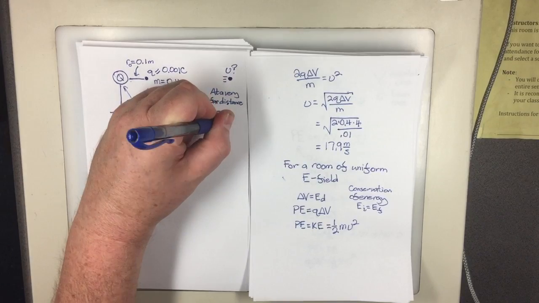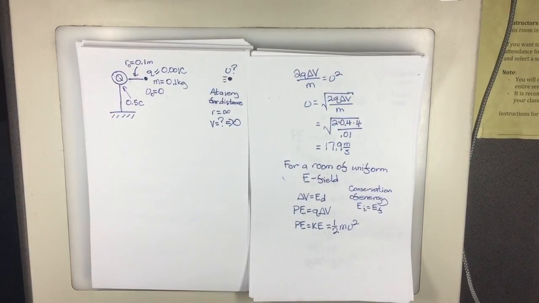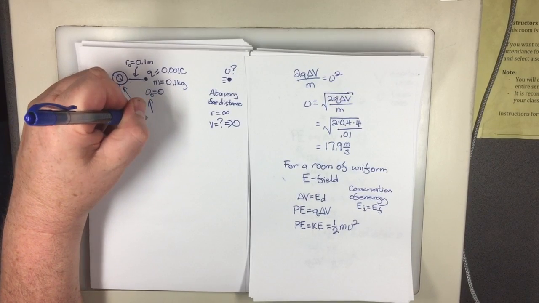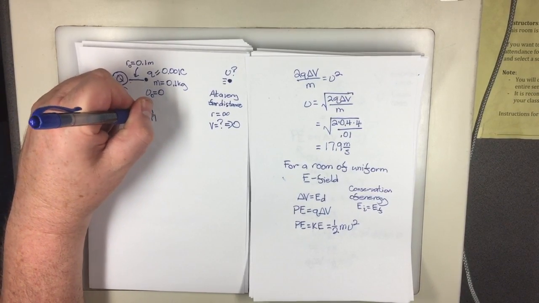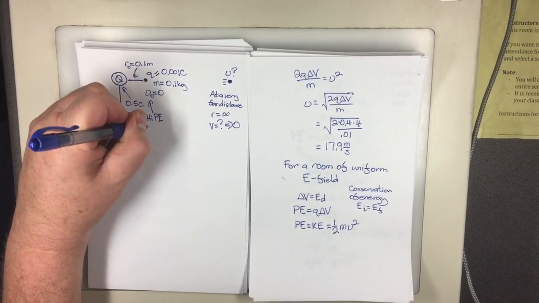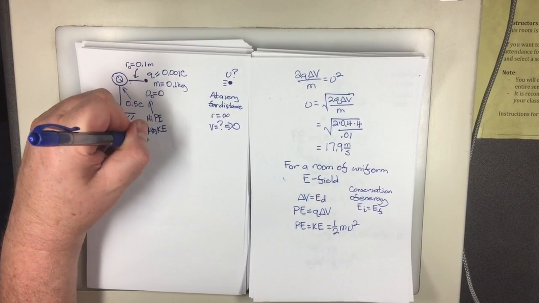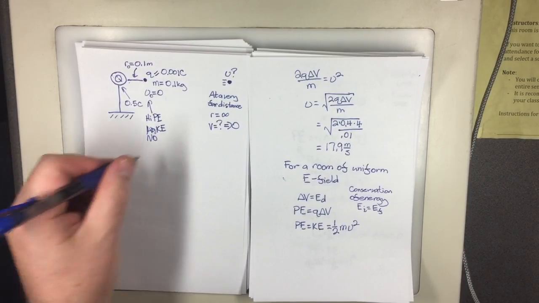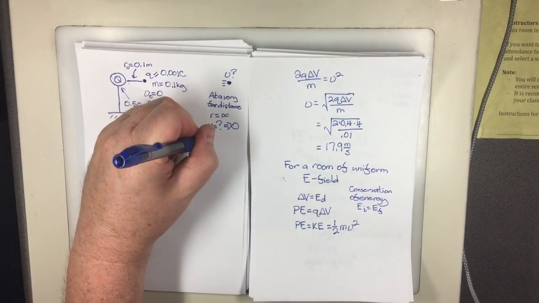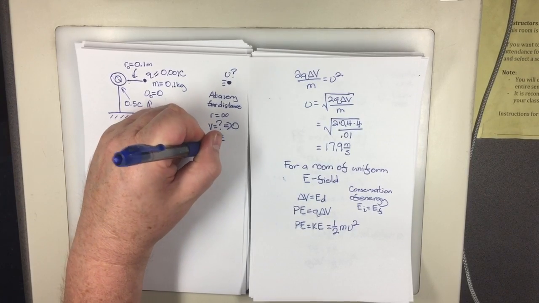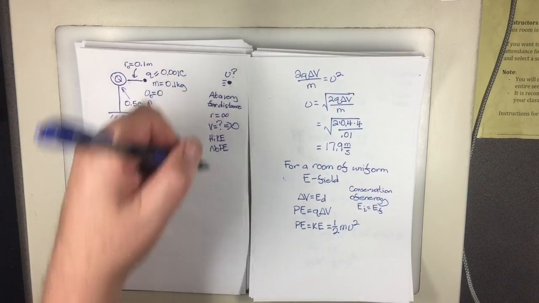So this goes to 0. Here, it has high potential energy and no kinetic energy. Over here, it has high kinetic energy and no potential energy.